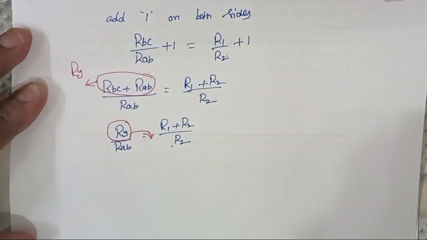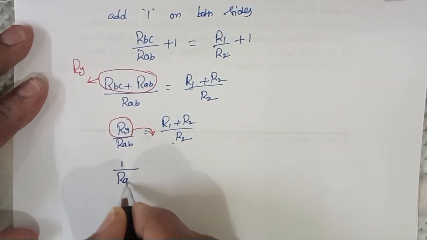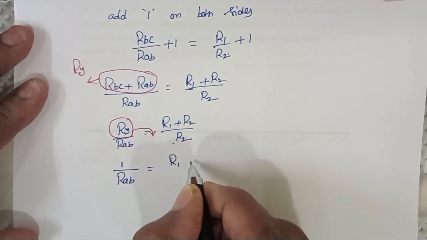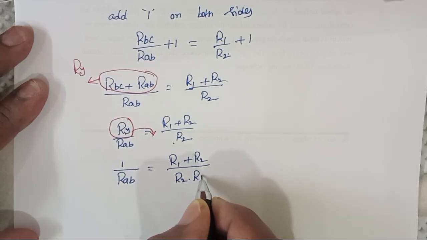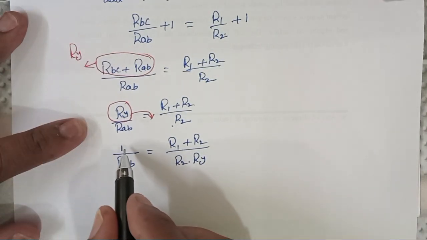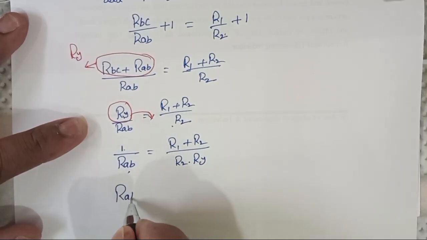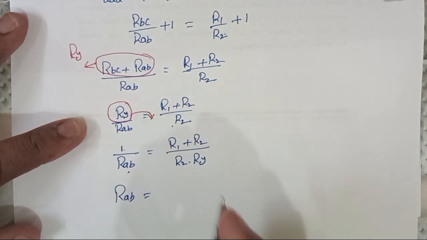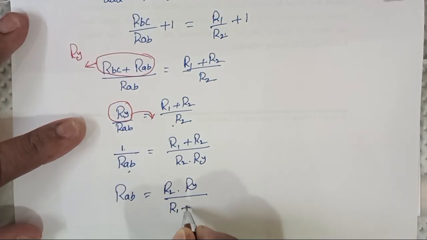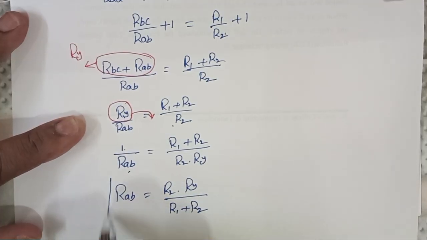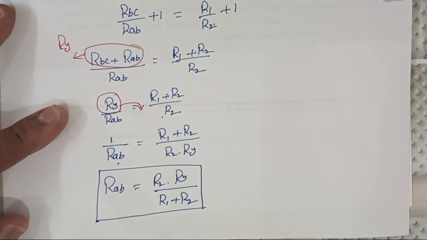So here is the multiplicand, then I am getting 1 by RAB is equal to R1 plus R2 by R2 into RY. Then now I am inversing 1 by RAB. So I am inversing here, RAB equal to, here the term also inverse, R2 into RY by R1 plus R2. It is RAB value.